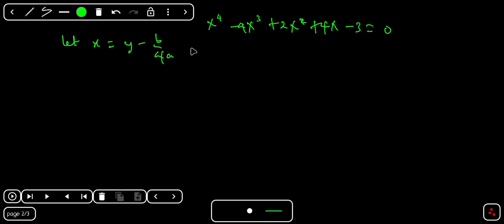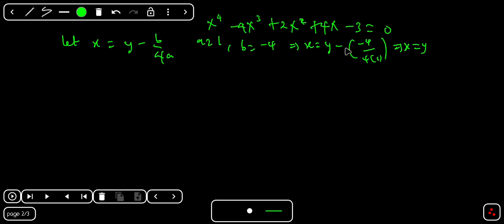So in this case, a will be the coefficient of x raised to the power of 4, which is 1, and b will be the coefficient of x raised to the power of 3, which is minus 4. Okay, so then we're going to have x is equal to y, then minus into brackets minus 4 over 4 multiplied by 1. So we're going to have x is equal to y, then minus times minus will give us plus, and then 4 divided by 4 will give us 1. So we have x is equal to y plus 1.